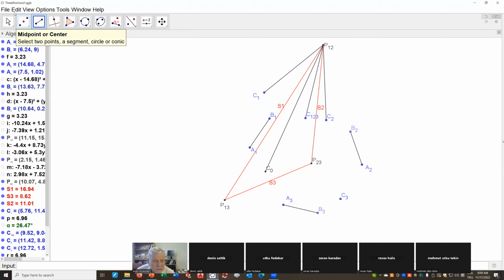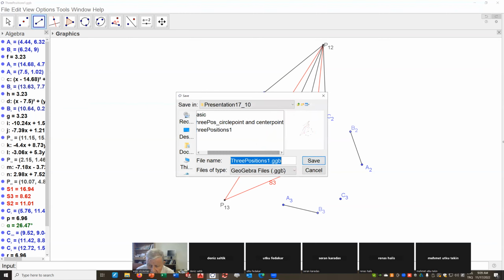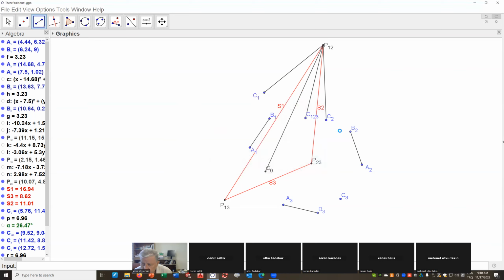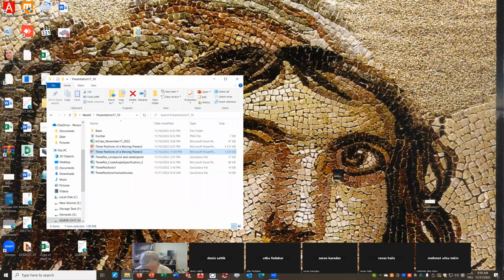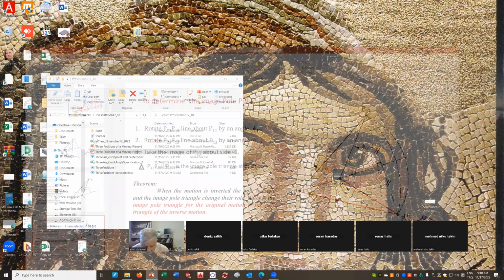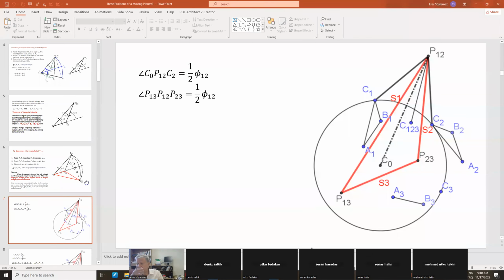I'll keep this file, save as 3 positions, solved in class. Okay? Let me turn back to PowerPoint.